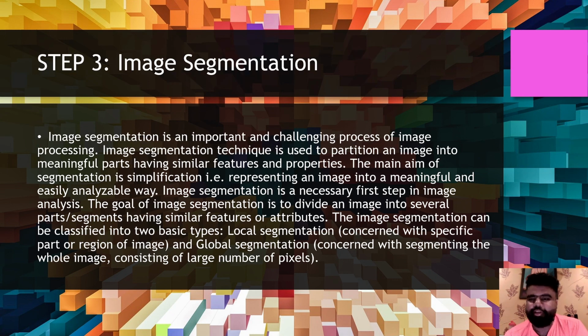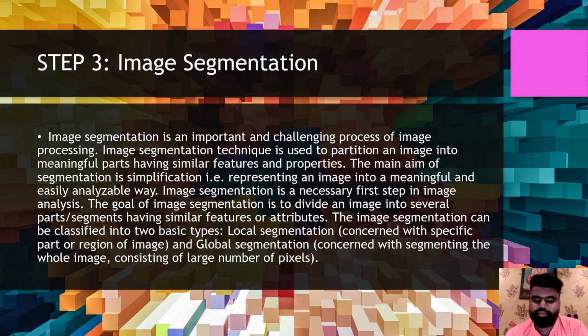It separates the leaf structure and flower structure separately, so that it can be identified what kind of plant it is. So image segmentation divides the image into multiple small segments to identify the image or that plant.